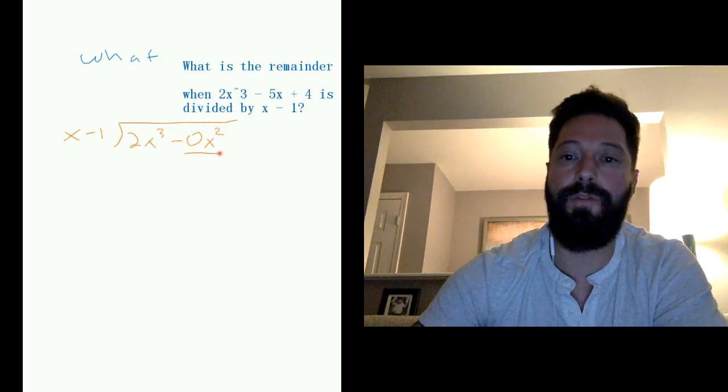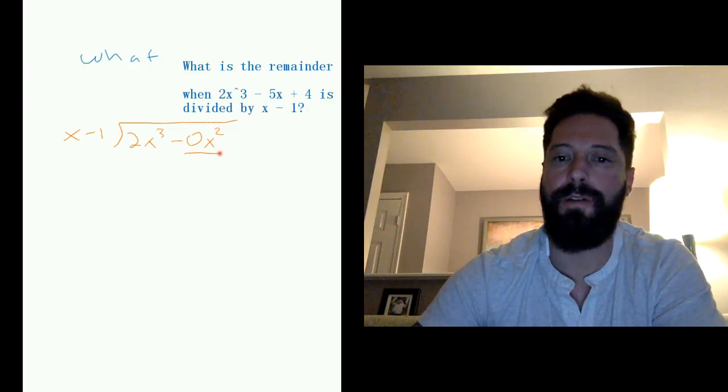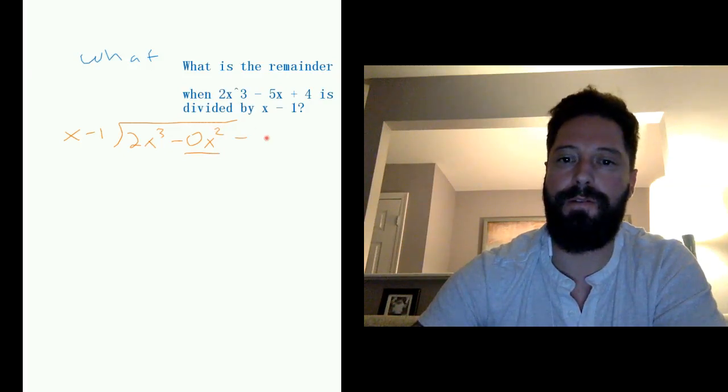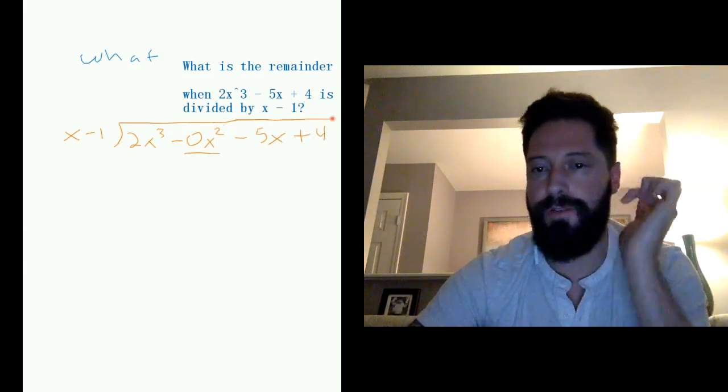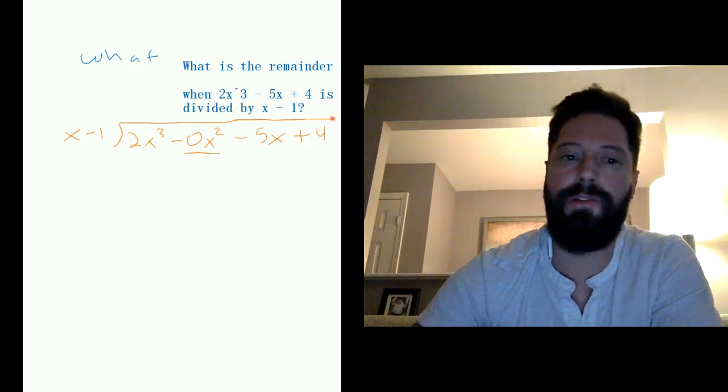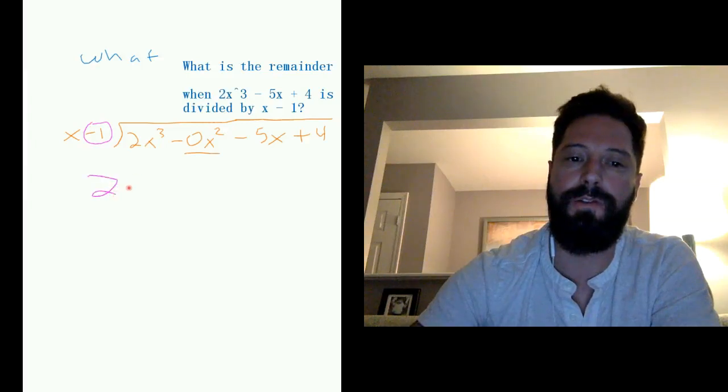And polynomial long division is going to give us the remainder, but it's so much easier just to plug in, instead of -1, to just plug in +1 into 2 times 1 to the third minus 5 times 1 plus 4, and just use the remainder theorem.